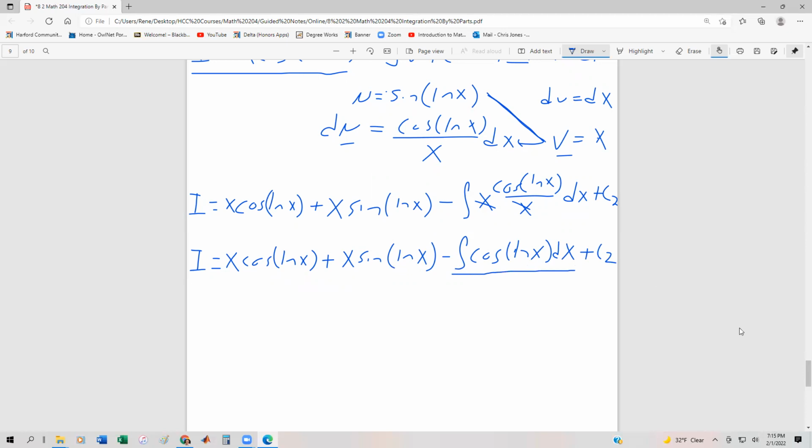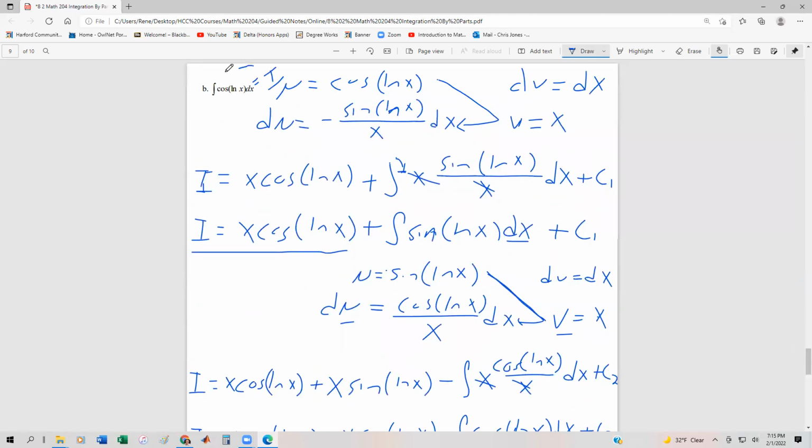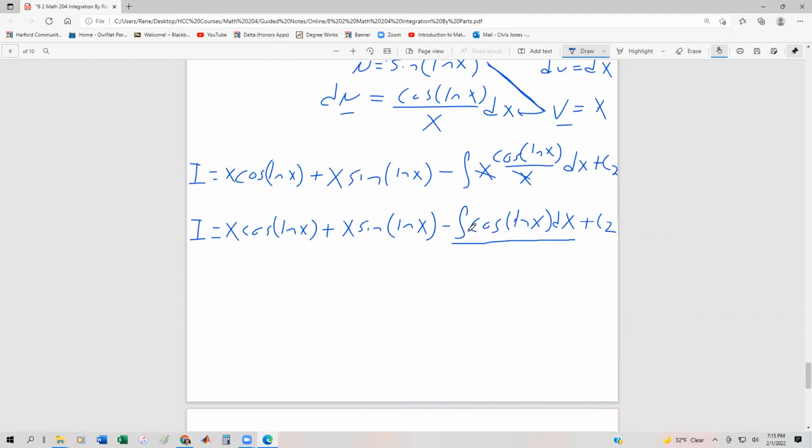Now at this point, we have to be careful, because if we do by parts again, we're not going to get too far with it because we're just going to end up with the exact same thing that we started with, except it's negative. But if we're smooth about this, we recognize that at the very beginning we called the integral of cos ln x dx I. That's exactly what we have here.